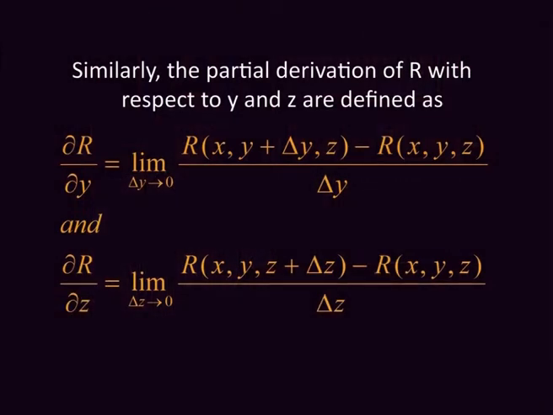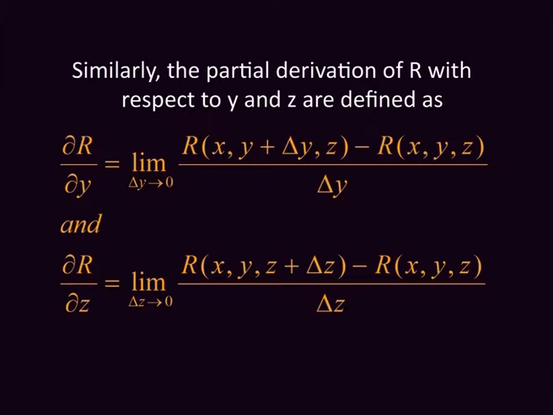Similarly, the partial derivatives of r with respect to y and z are defined as del r over del y is equal to limit delta y tends to 0 of r(x, y plus delta y, z) minus r(x, y, z) upon delta y. Here y is the variable that changes, x and z are kept constant.